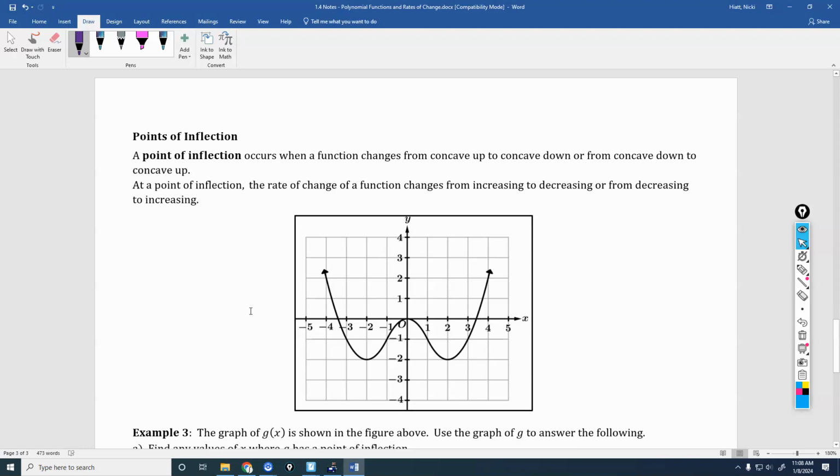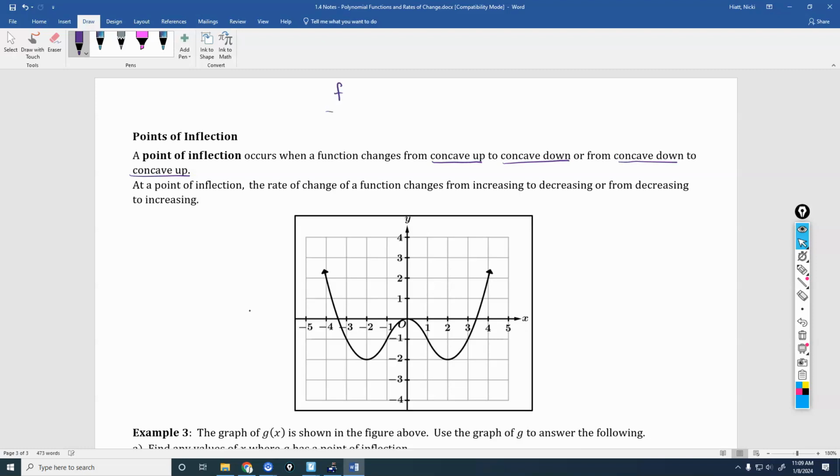Points of inflection. Points of inflection occur when a function changes from concave up to concave down, or from concave down to concave up. So it's where your concavity changes. At a point of inflection, the rate of change of a function changes from increasing to decreasing, or from decreasing to increasing, because we've used that chart several times.